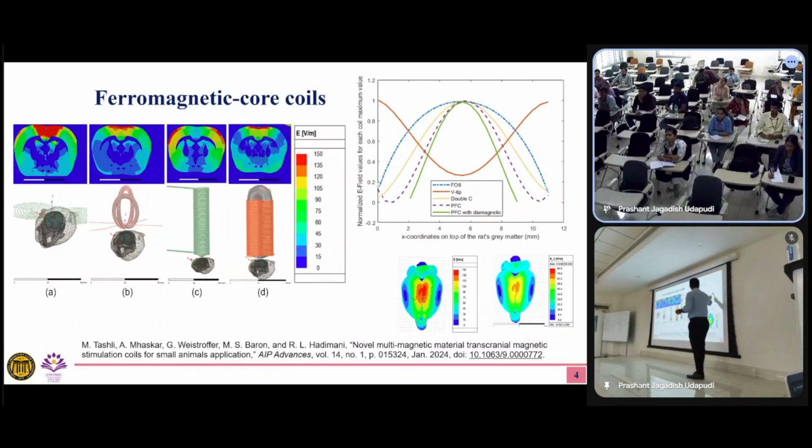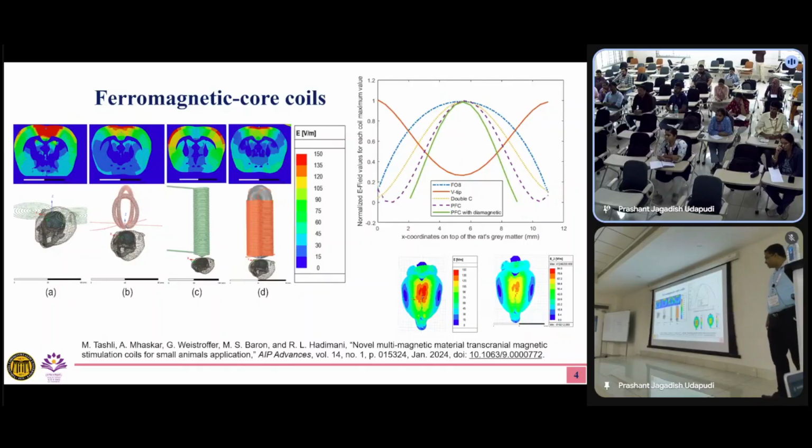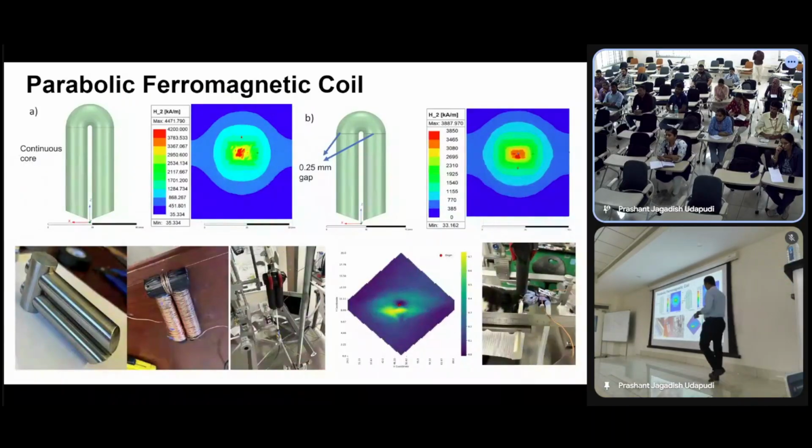Okay, that is the blue one. So it ends up stimulating all the surrounding areas. And this is the V-tip. V-tip is a little odd, don't worry about that. So just look at these four coils, and this one, the green one, is the best. That's because we used two magnetic materials, one to deflect the fields and another to focus. Here it focuses, and the deflection plate is somewhere else, which we have not shown.